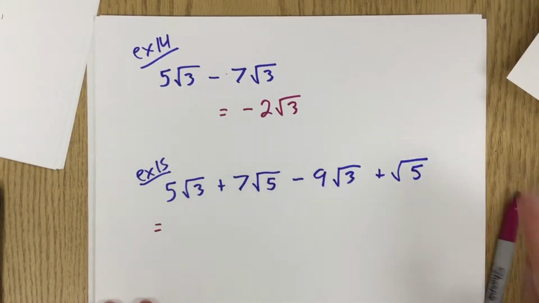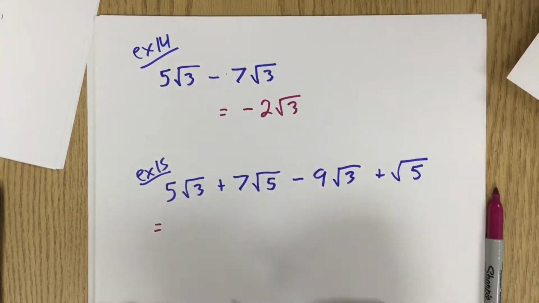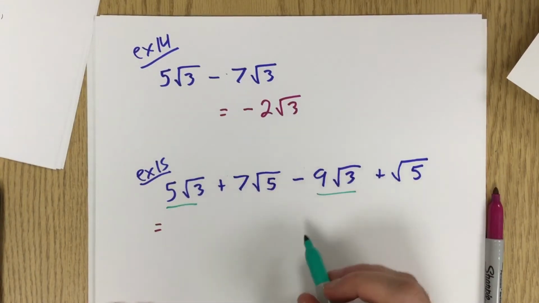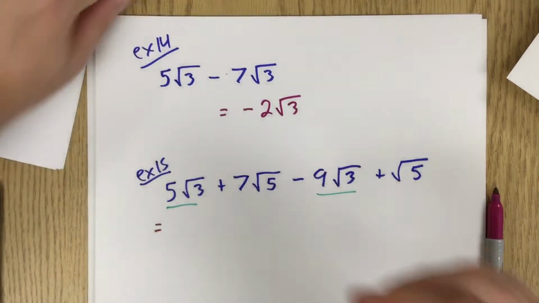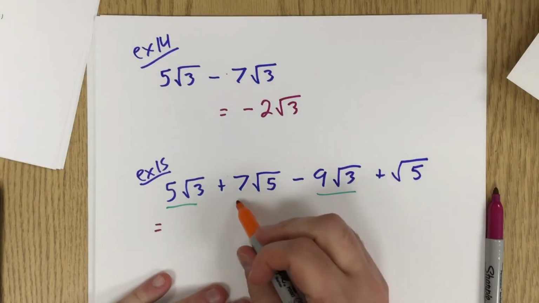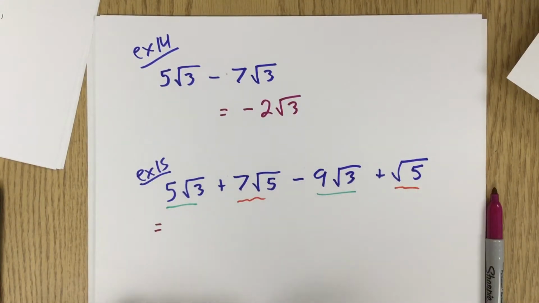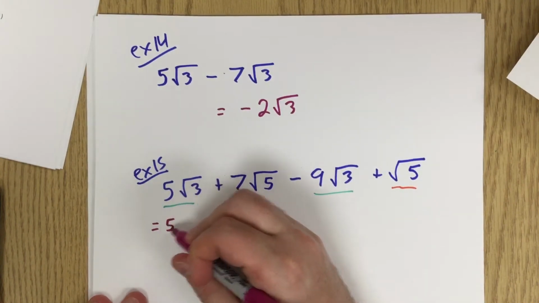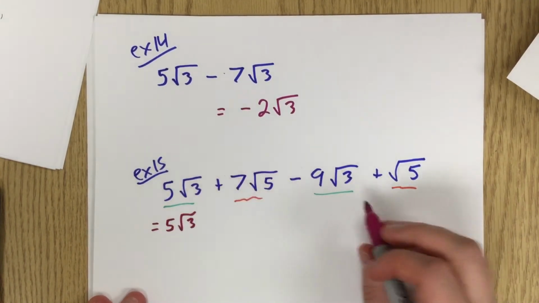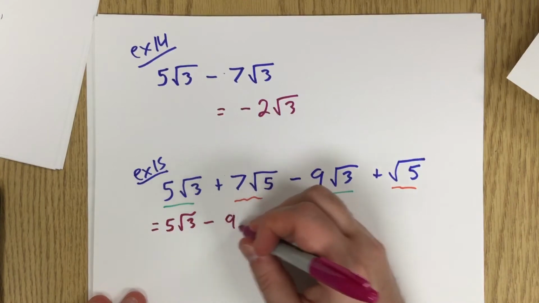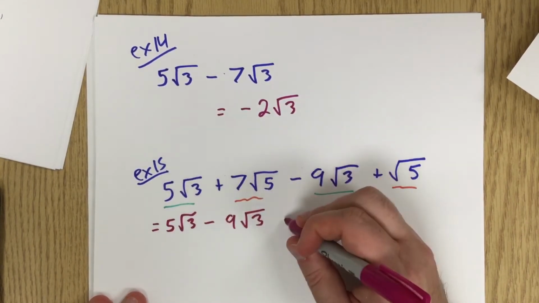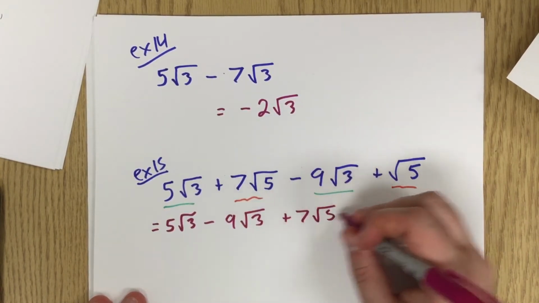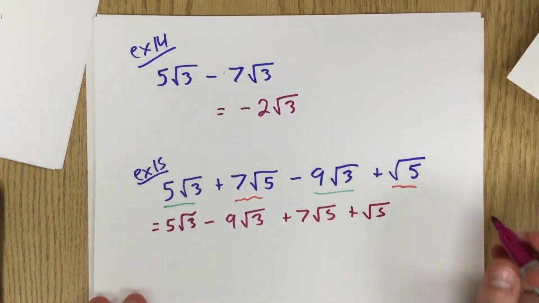These two are like terms because they both have a root 3, and these two both have a root 5. So it's going to end up with 5 root 3 minus 9 root 3 plus 7 root 5 plus root 5.